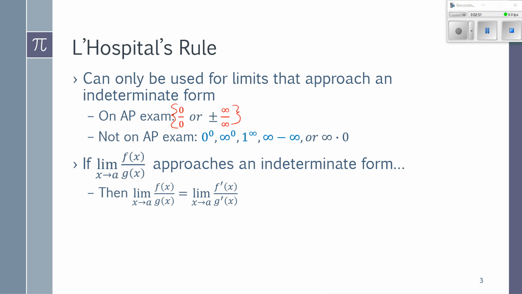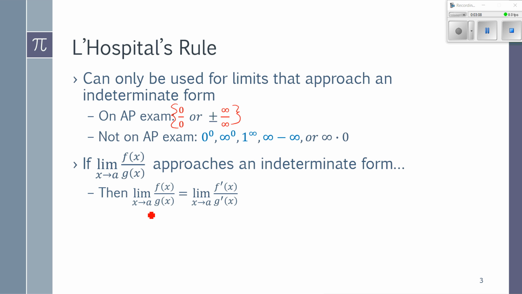It says if we have limits that approach an indeterminate form, it's called indeterminate because we can't determine what that actually equals. It might exist, it might not. We can set up an equivalent limit.